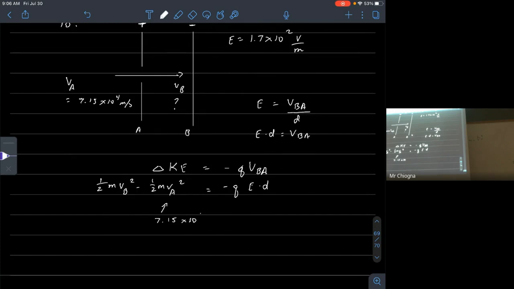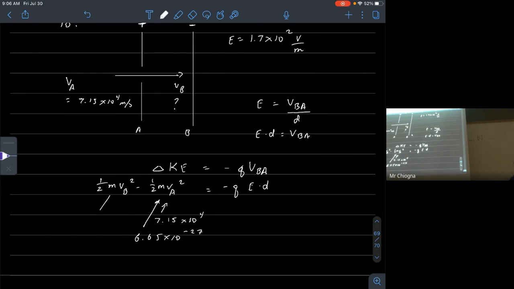71,500. Okay, mass, this is an alpha particle. So we have the mass of it. I told you to write it down. It's in your table. The mass is 6.65 times 10 negative 27.